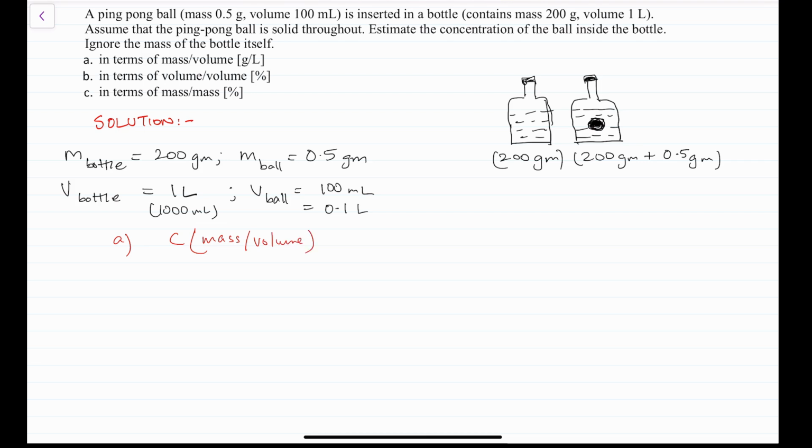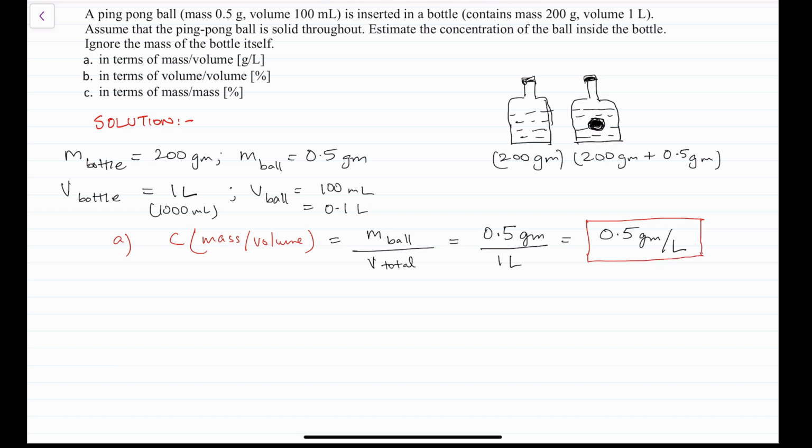So this would be simply mass of ball over volume total. So this is 0.5 grams. This will remain 1 liter. So the answer would be 0.5 grams per liter. And I always recommend students to box their final answer. That's helpful to identify what you solved for.